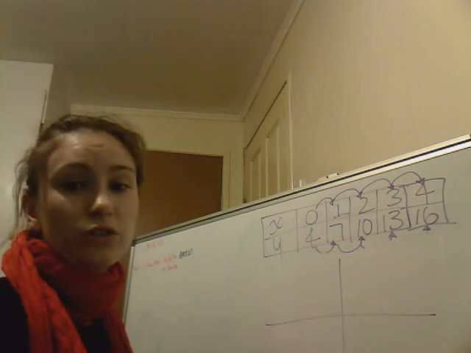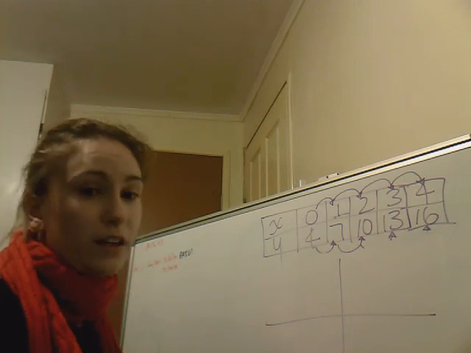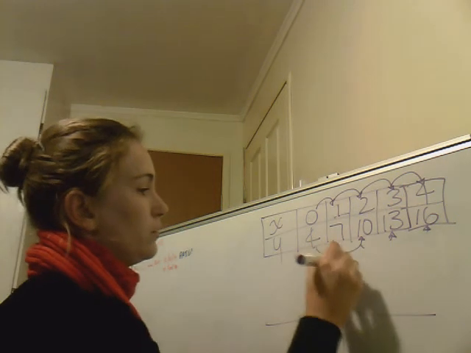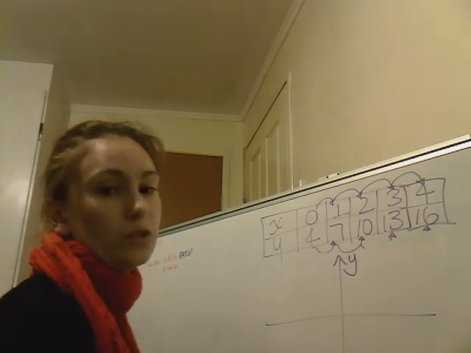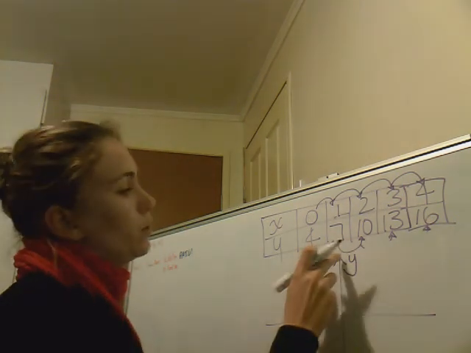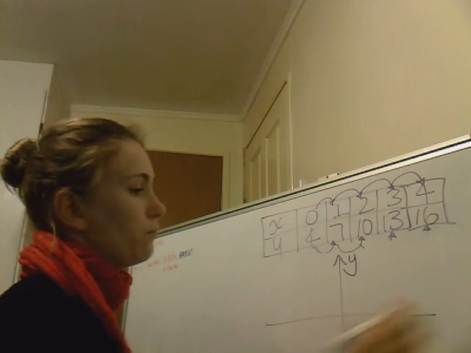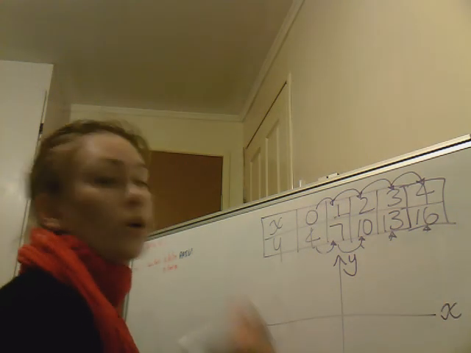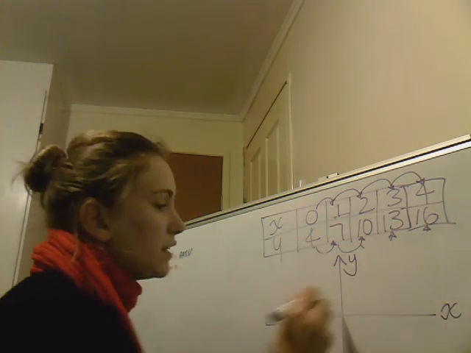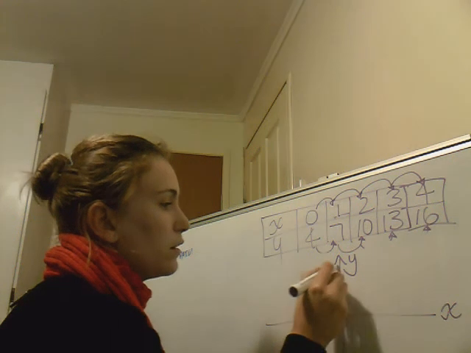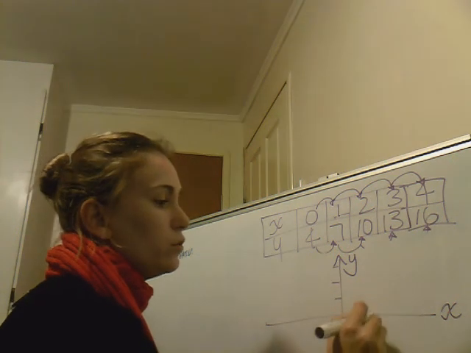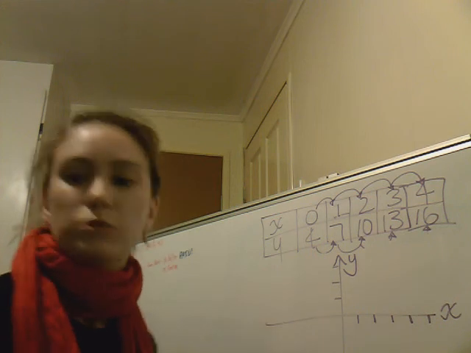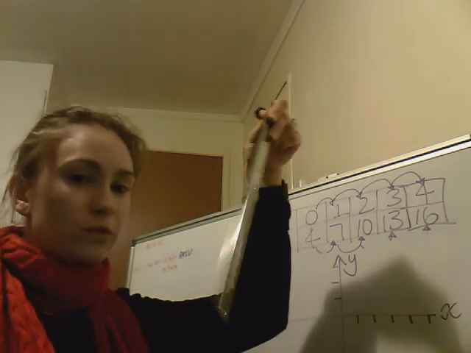What's important when you graph a linear equation or plot points on a graph is that you label your y-axis, which is your vertical, and the horizontal is the x. What is also important is that the distance between all your points along your axes are equal. So you need a ruler.